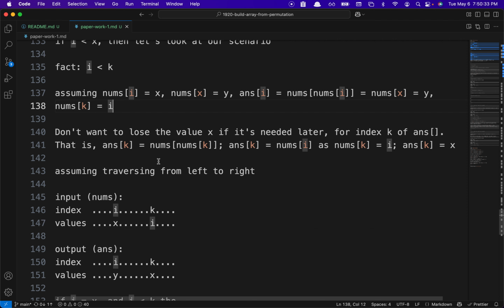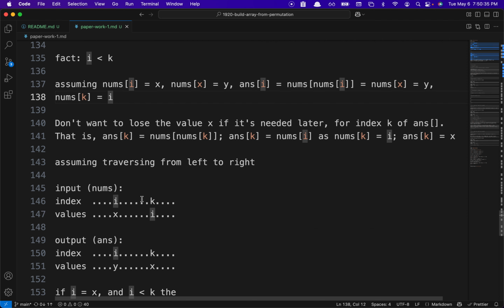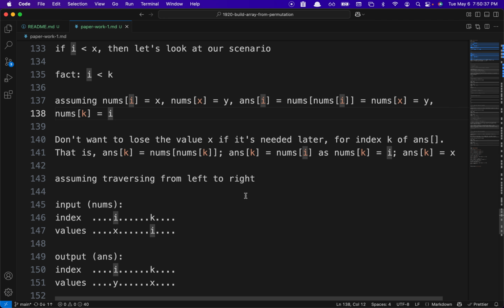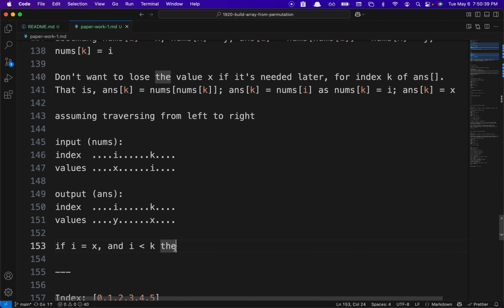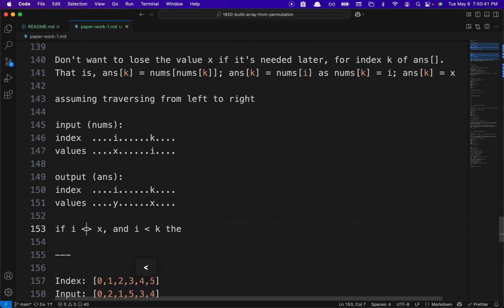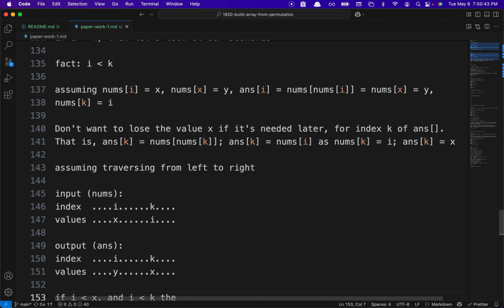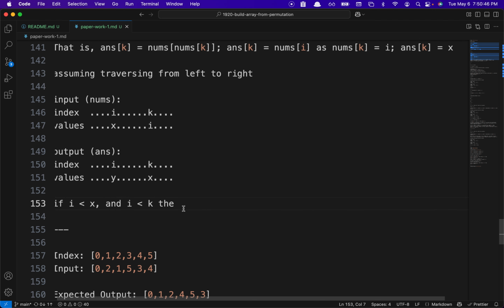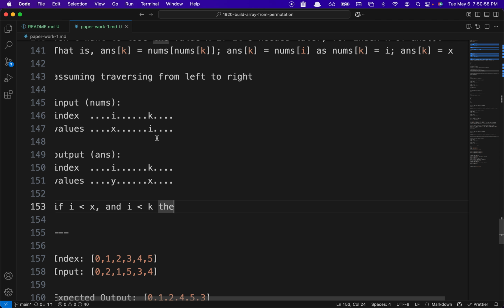So now, nums of K is I, and so I is less than X. So if I is less than X, and I is less than K, I is less than X, I is less than K. Okay. What else can we talk about these?